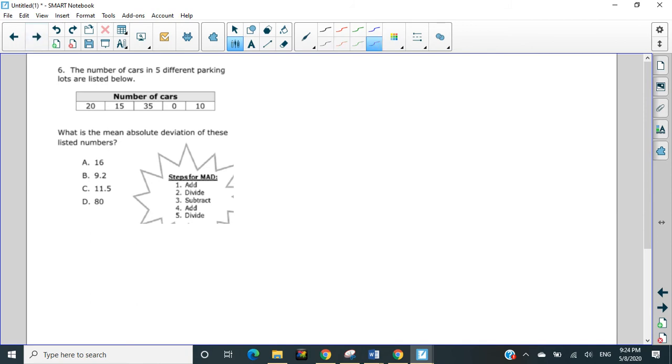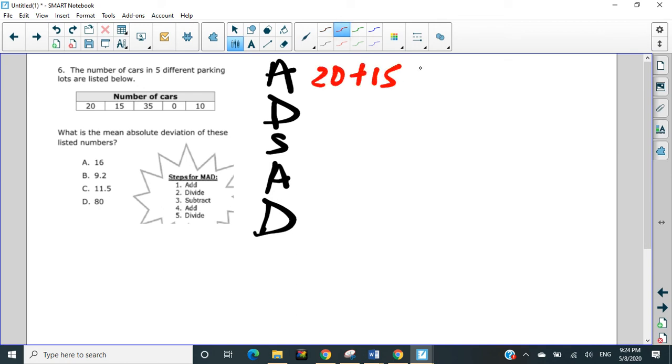Here we have the number of cars in 5 different parking lots. Okay, so strategy is the same thing, Add Set. So we're going to add 20 plus 15 plus 35 plus 0 plus 10.